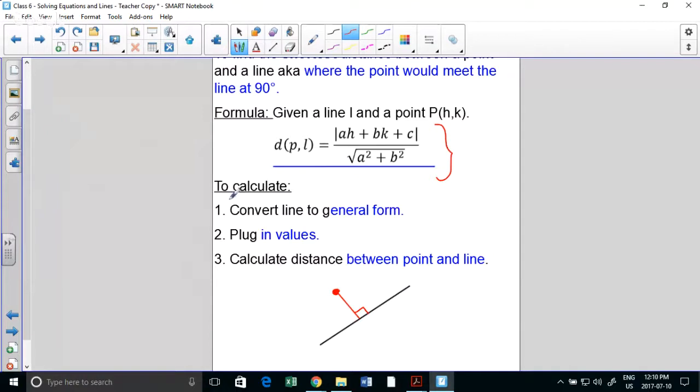So in order to use this, you need to convert to general form, plug in your values, and then you calculate the distance. These two little lines, for those of you who haven't seen it before, mean absolute value.